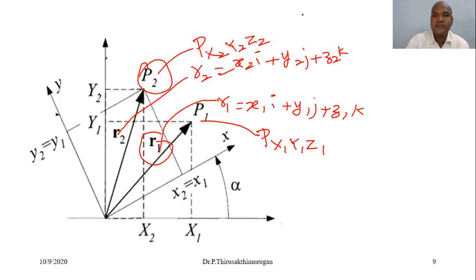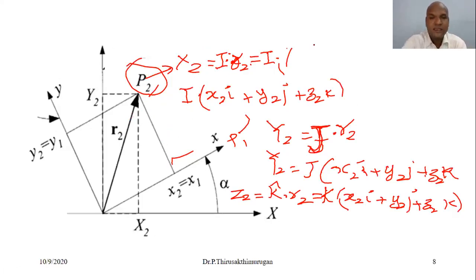What we computed here are X2 and Y2, because this is only a two-dimensional frame.